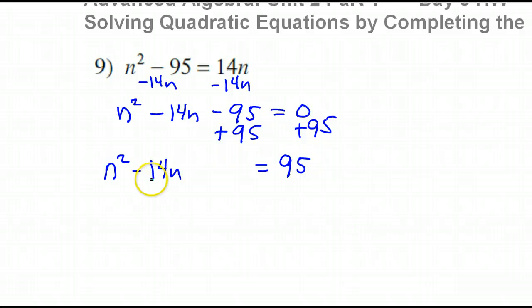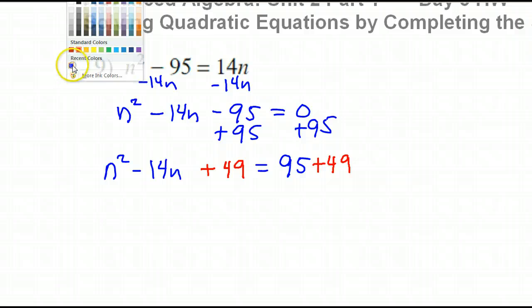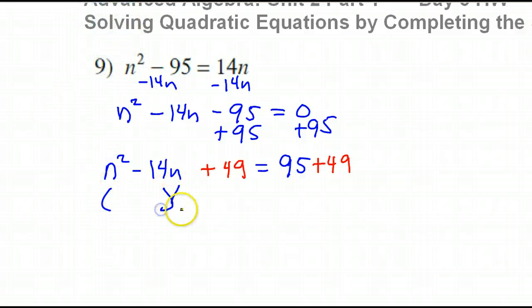Half the middle squared. So half of this is negative 7, squared is positive 49. So I'm going to add 49 to both sides. All right, that should give me something that I can factor as the same thing twice. So n minus 7 times n minus 7. This is going to give me 144.